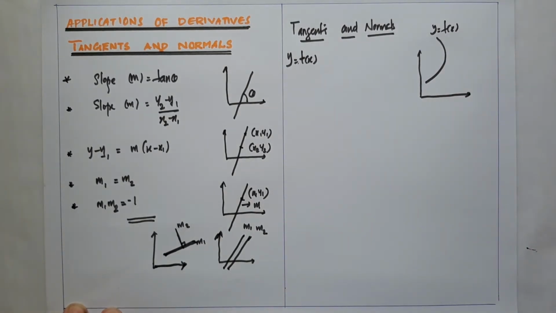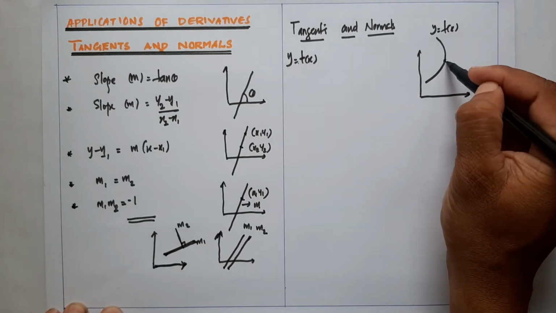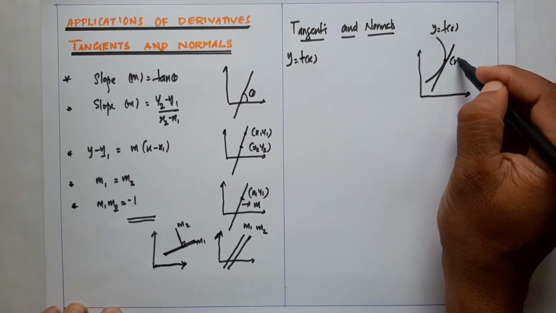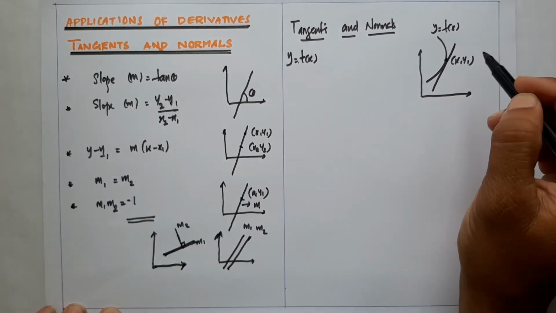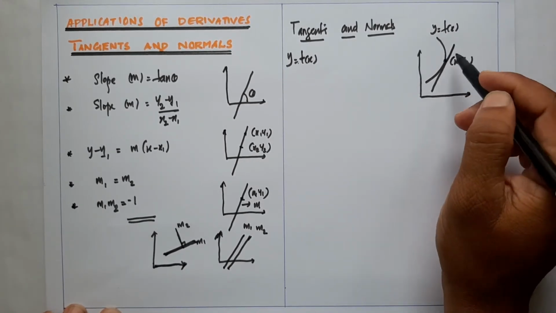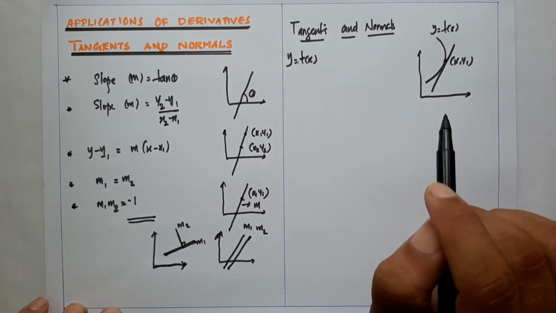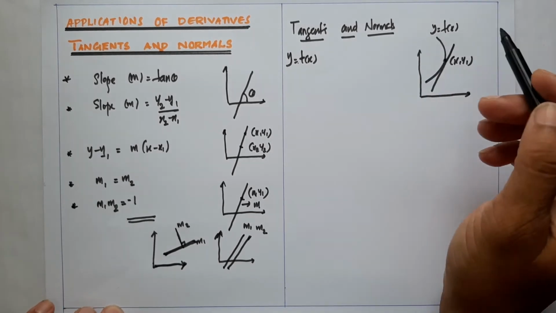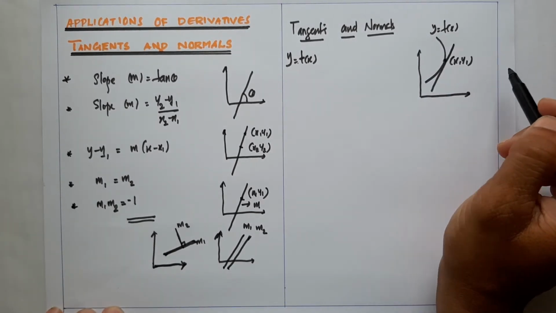From these points, we form a line passing through a fixed point, suppose x1, y1. If a line touches the curve at a particular point, that line is called a tangent line. A line passing through a fixed point of the curve y is equal to f of x is called a tangent line.